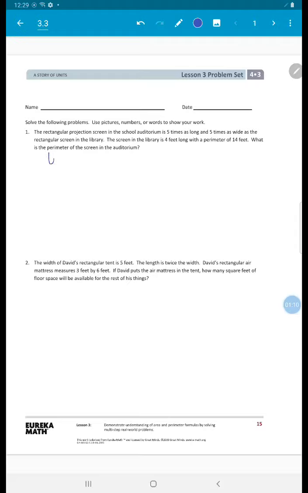So in the library, we have a screen that's a rectangle. We know that it is 4 feet long. We know the perimeter equals 14 feet, but that's all we know.